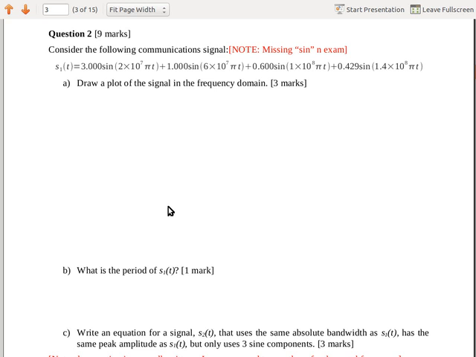Know your units. Include your units in your answers. You'll lose marks if you don't include the correct units. And know the prefixes, mega, giga, micro, milli, and so on. So if the question says the frequency is 10 megahertz or 10 MHz, know what that means: 10 million hertz.